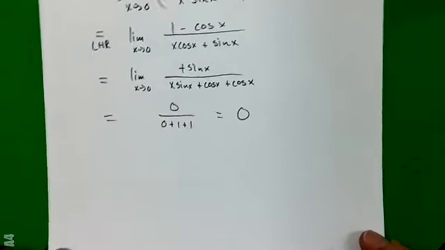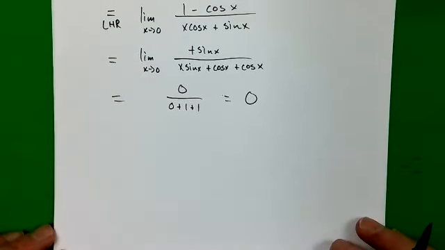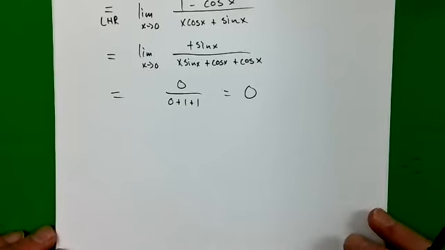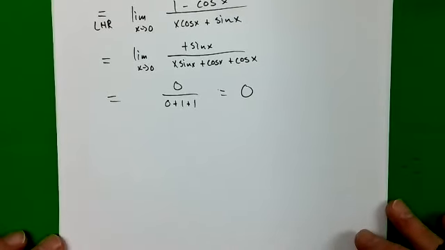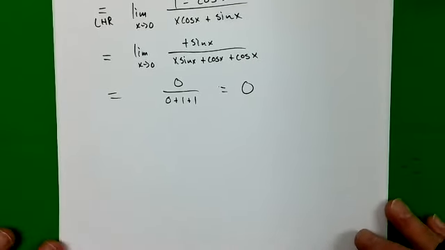So all of our indeterminate forms, if we're a little bit clever, at least most of the time, we can rewrite them in terms of a 0 over 0 or an infinity over infinity. We can do some other things too.